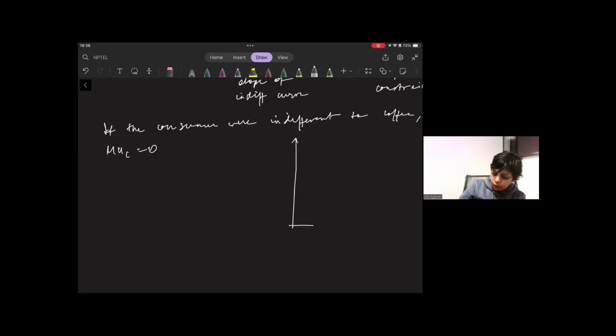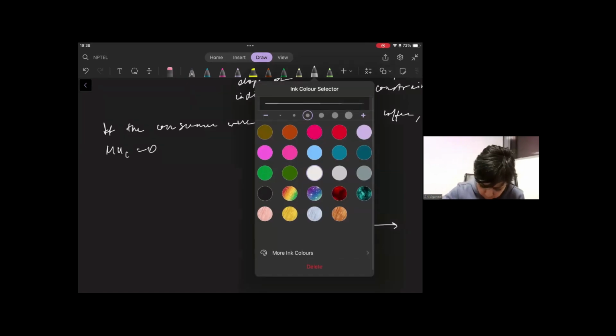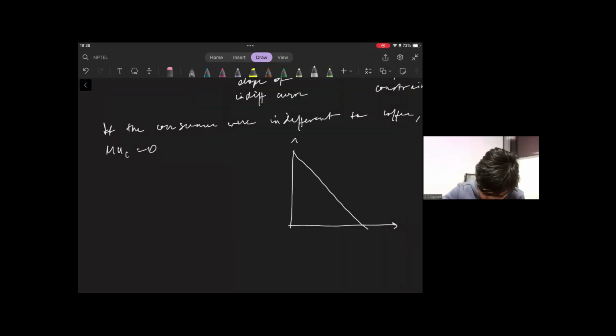So let's draw the case for perfect substitutes. If they were perfect substitutes, you would get indifference curves like this. Remember, I'm drawing only 3, 4, but there are an infinite number of lines for indifference curves.